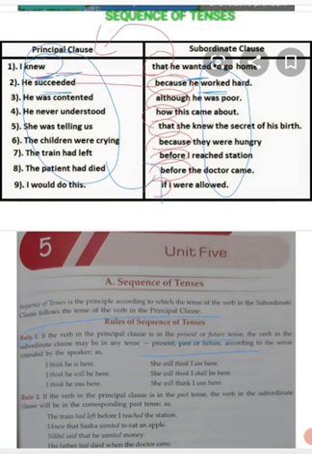So the first rule says that if the principal clause is in present or future, so here you can see I think he is here, I think he will be here, I think he was here. So here you can see the word think is there in the present tense, and it can be followed by any verb form in the subordinate clause.